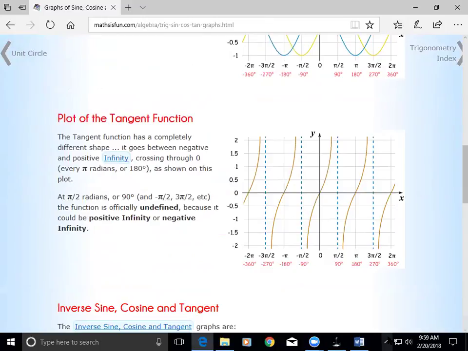Now, here's the problem. I'm going to put this on the graph. Since y equals x squared is a parabola that opens up, I'll plot just a couple of points. I get a parabola that looks something like this.